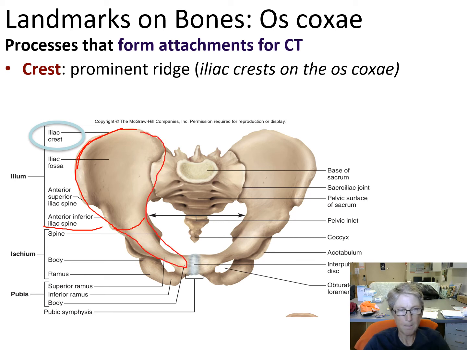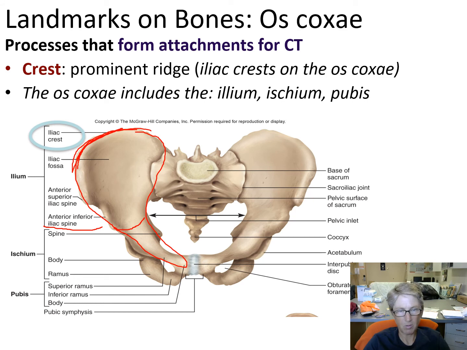Here's the ilium, and there's an iliac crest. It's a prominent ridge. And that's an attachment for connective tissue in the form of tendons attached to muscles. So this hip bone, aka the os coxae, includes the ilium, the ischium, and the pubis.